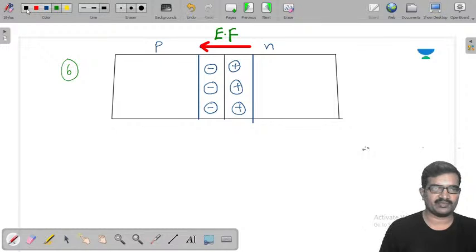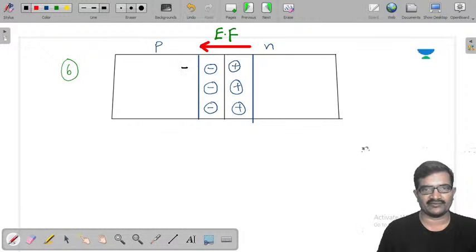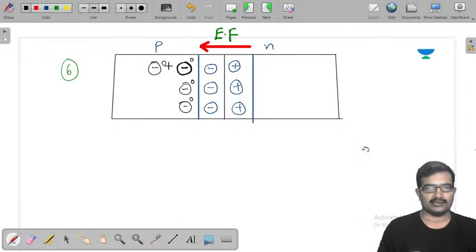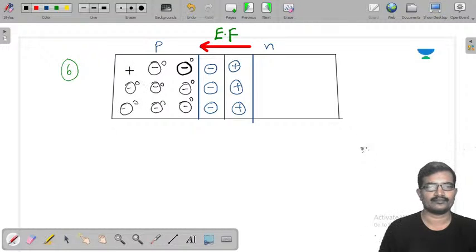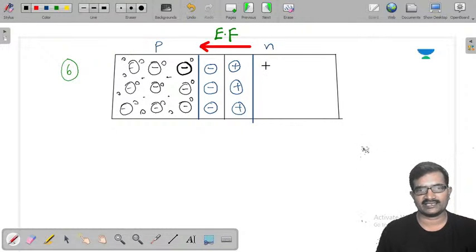So now I'm completing the P region also. In the P region we have negative immobile ions. Every negative immobile ion provides one hole, and there are electrons as minority charge carriers, and additional holes at the intrinsic condition. Similarly, on this side, positive immobile ions.